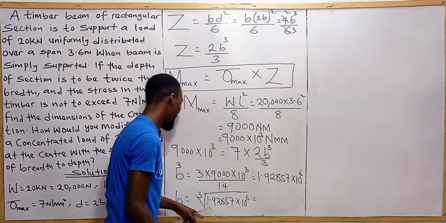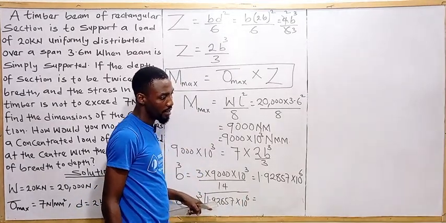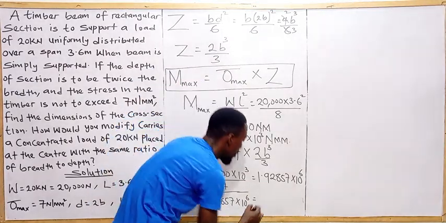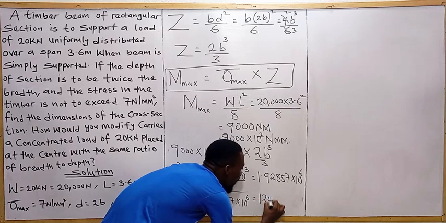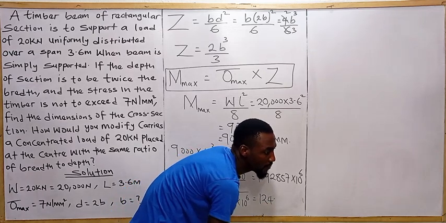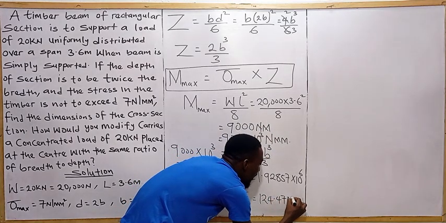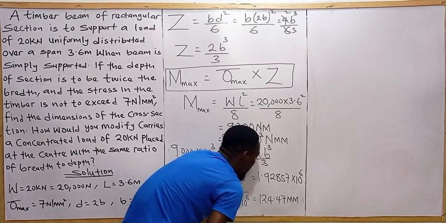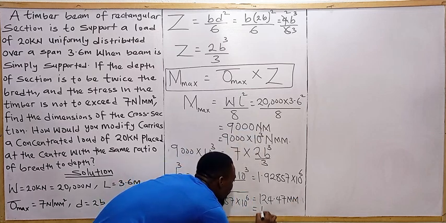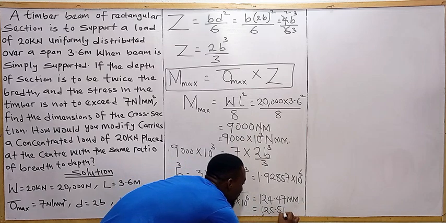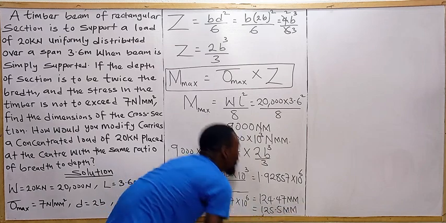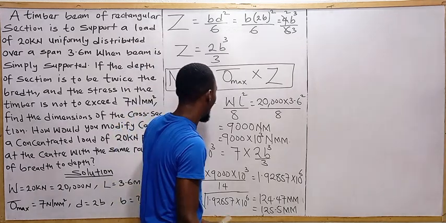So our final answer for B is 124.47 mm, which you can approximate to be 124.5 mm.